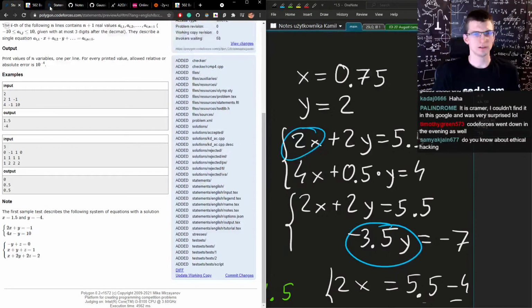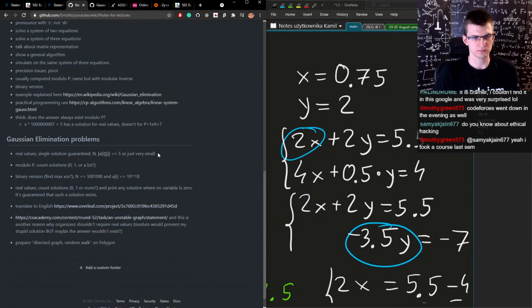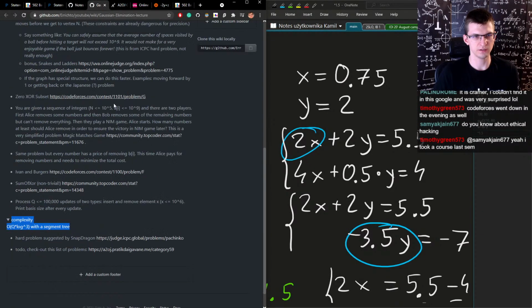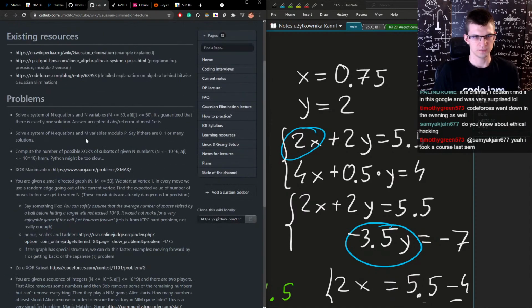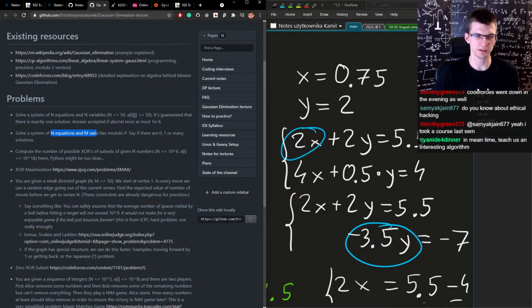And let's take a look at the other problems I was going to prepare. Modulo p, and this time n and m can be different. Some of them can of course be the same.